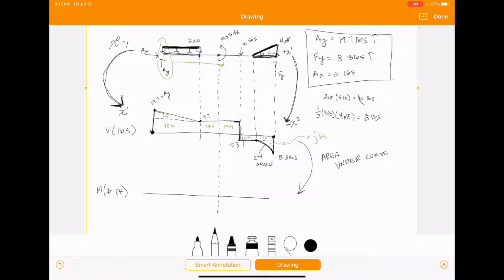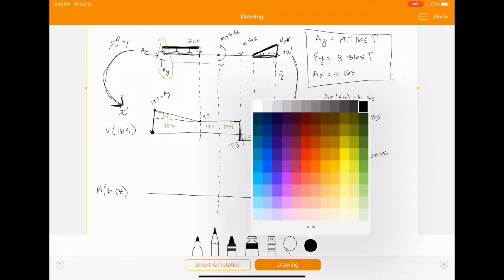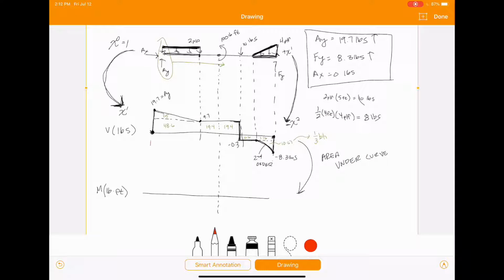So between here and here, the moment is going to change by this combined amount, which ends up being 73.6.